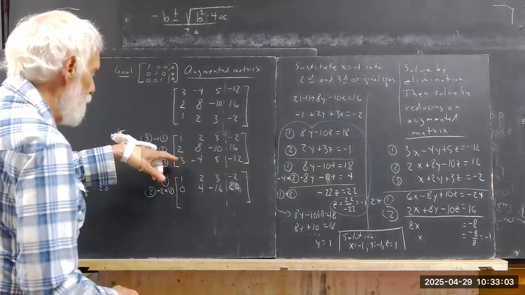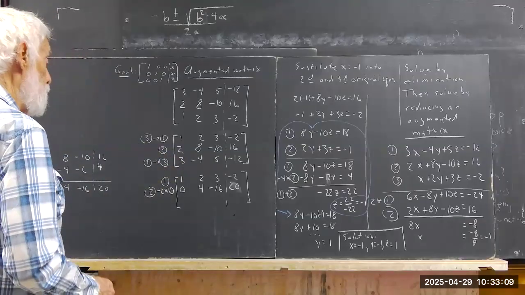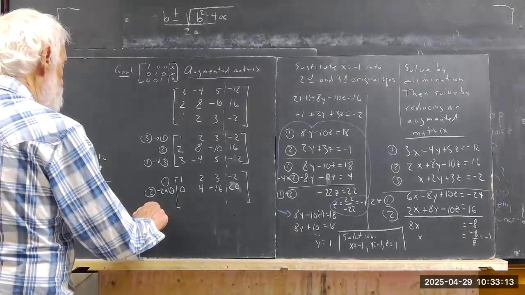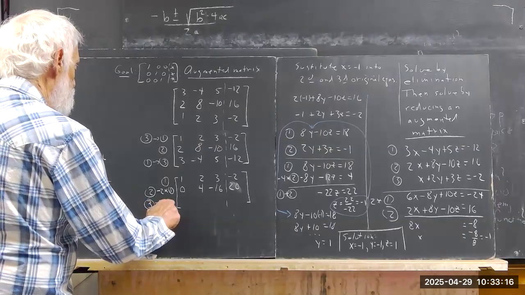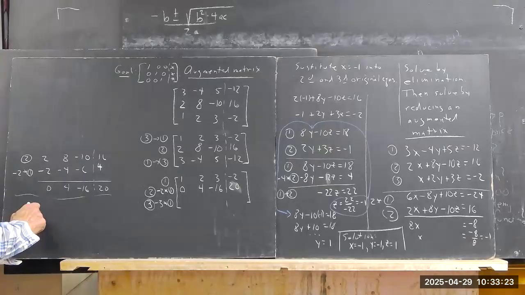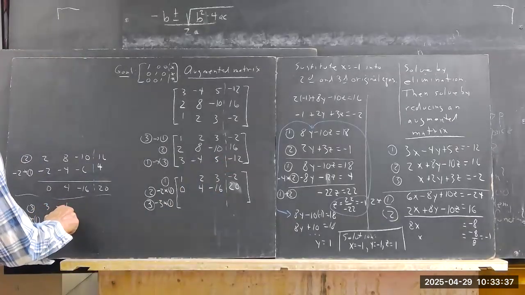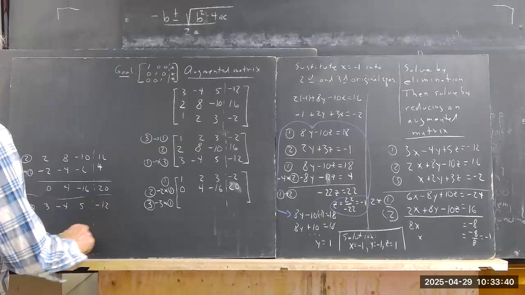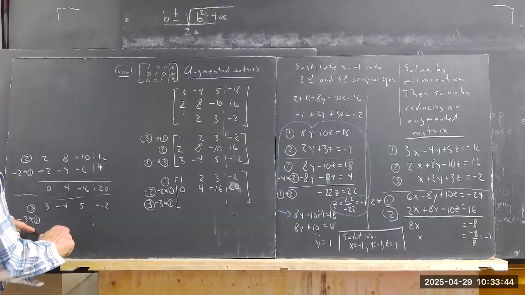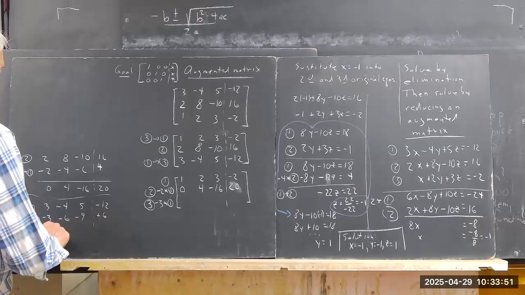So I'm going to do the next step. I want 0 here. Well, if I subtract 3 times row 1 from row 3, so I write row 3, which is 3, -4, 5, -12, and minus 3 times row 1 is -3, -6, -9, plus 6.